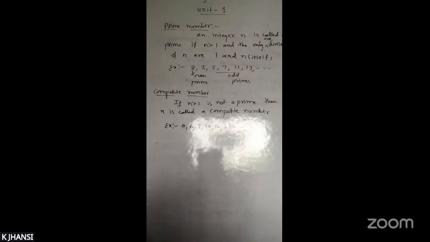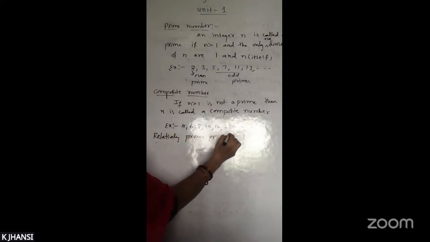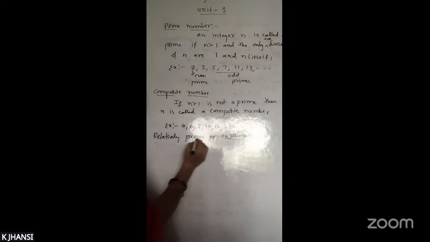Next we have relative primes, or co-primes. Relative primes or co-primes means that if the GCD, greatest common divisor, of two numbers is equal to 1, then the two integers a and b are called relatively prime or co-primes. The GCD of a and b is written with brackets, (a, b).